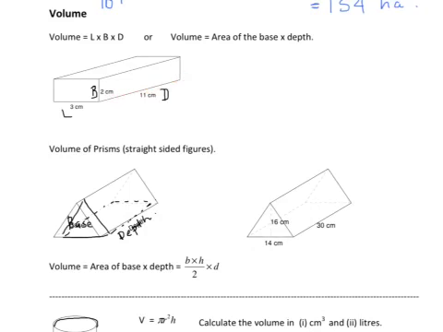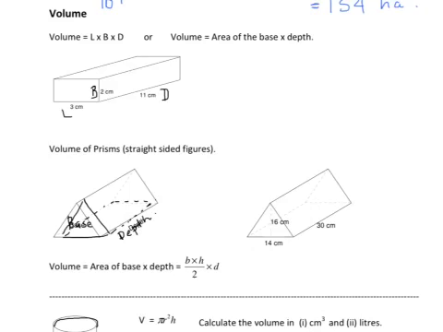Now that is true for any straight-sided figure. So even if we have a prism which has a triangular base and a depth, then its volume is the area of the base, which is the area of the triangle, base times height over 2. Then if we want to find the volume, we need to multiply by the depth.